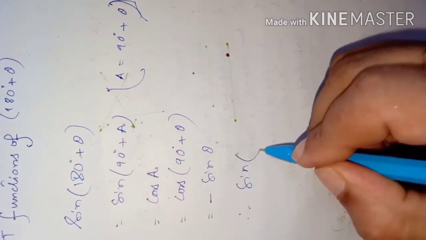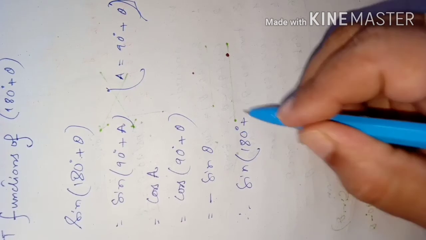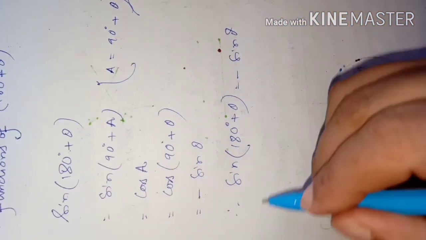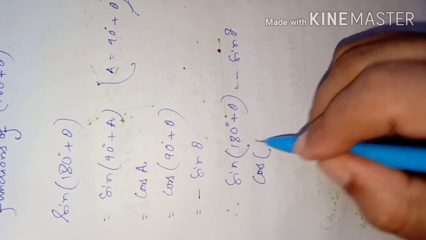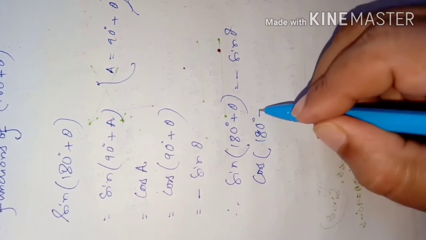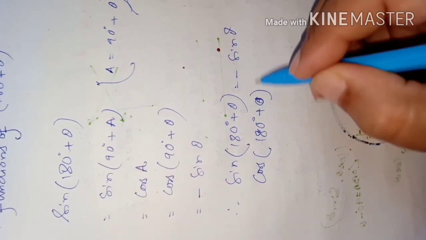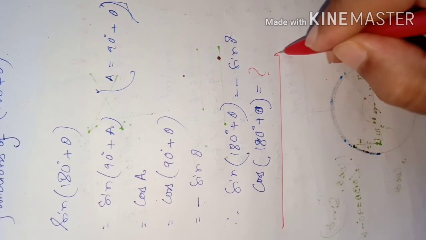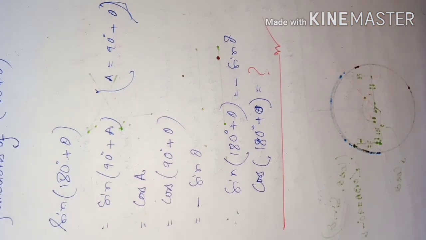Sin of 180 plus theta is minus sin theta only. Similarly, cos of 180 plus theta, dear students, what will it be? This is a question for you. This is your work. I am giving you the idea; you just find out by yourself. Cos of 180 plus theta.